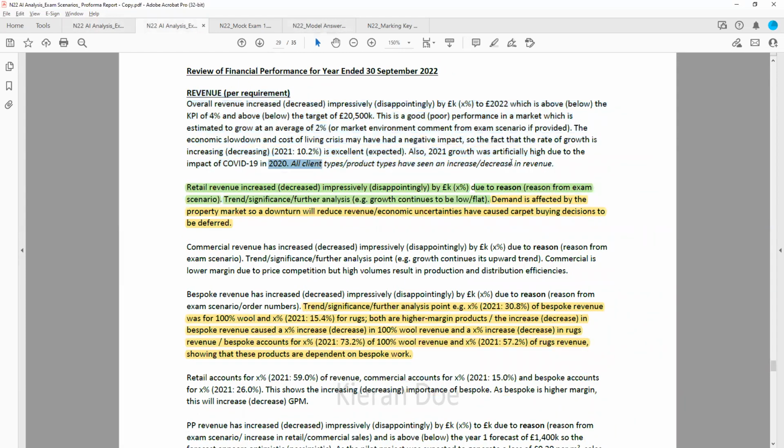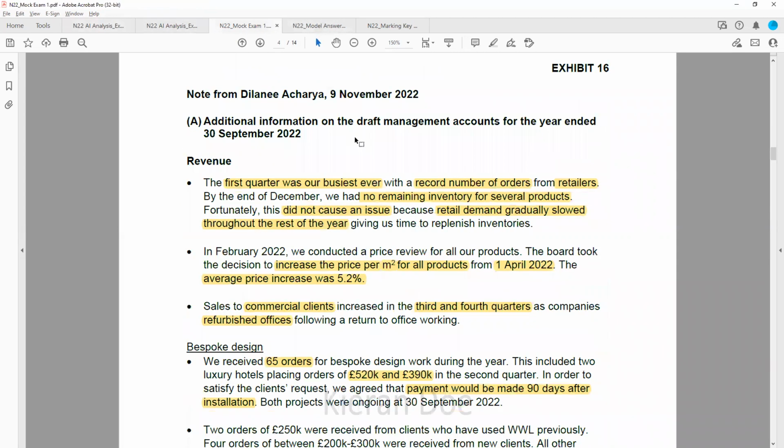You can comment as well on whether all client types or product types had seen an increase or a decrease. So we're doing the number, comparing it to specific targets, to market growth if we have that, either or, a context point, comparing it to previous year's growth, and then picking out whether there's a trend.